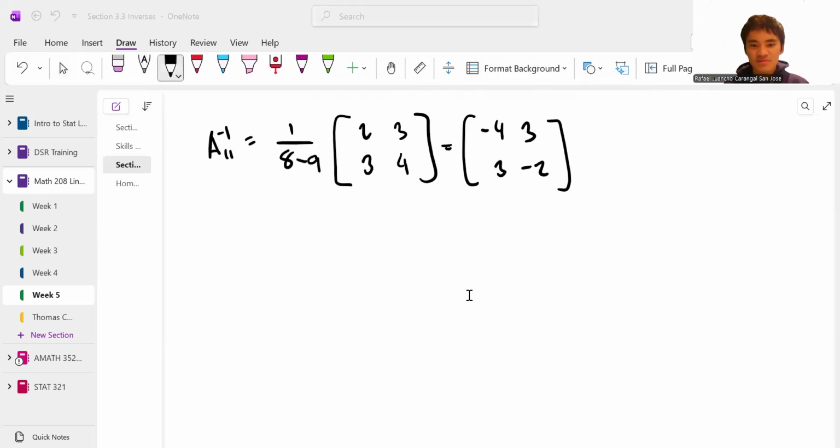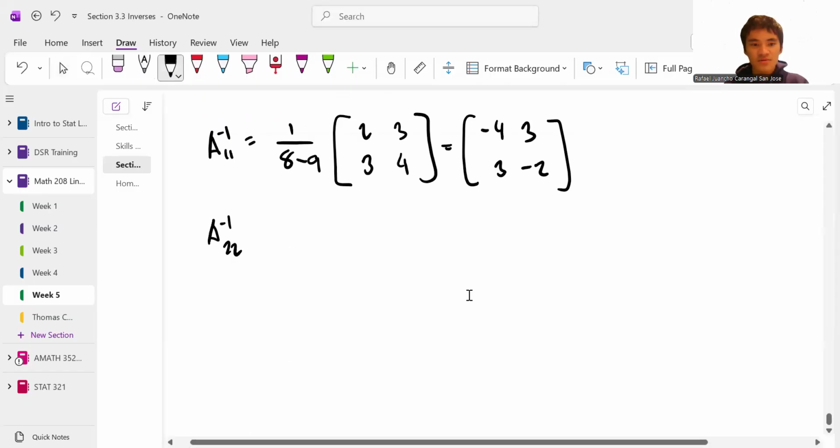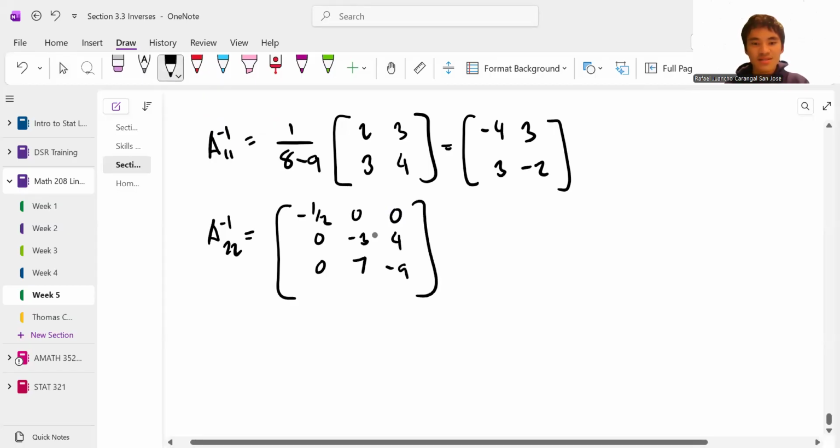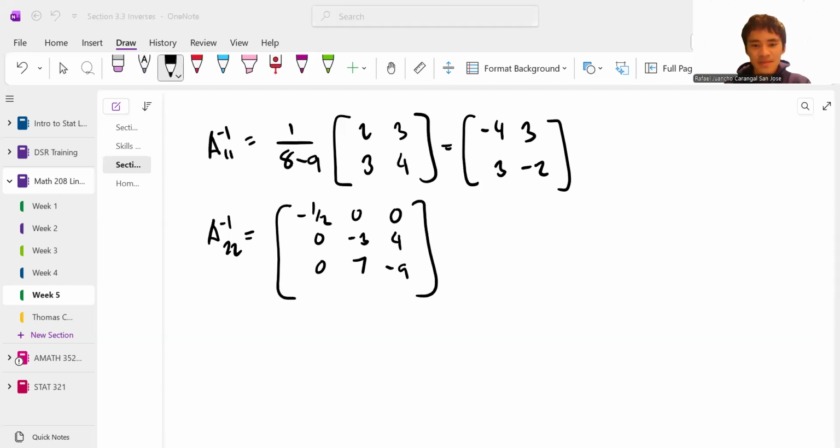Let's compute the other ones. Let's try the negative 1, 2, 2. If we compute that, we're going to get negative a half. You guys can compute it for yourselves. These are some of the things I hate doing. Now that I think about it, I don't like computing by hand. It's just annoying. And finally, we compute this guy here.